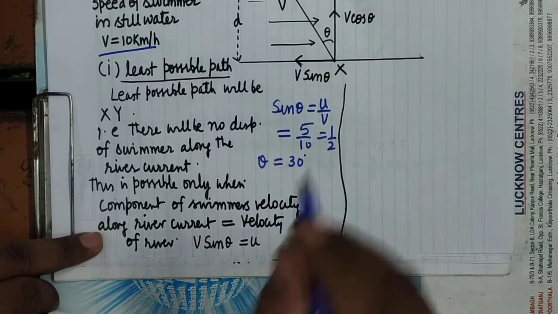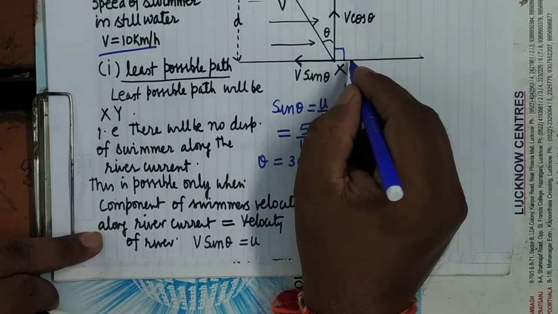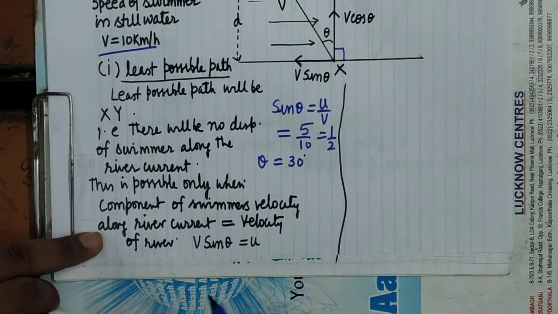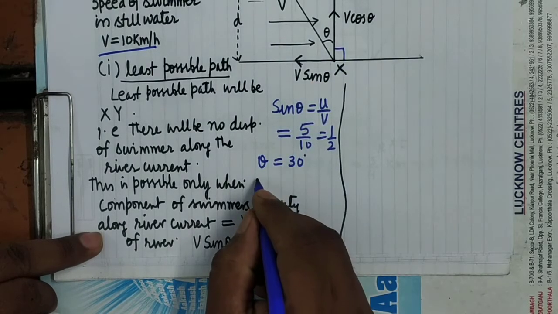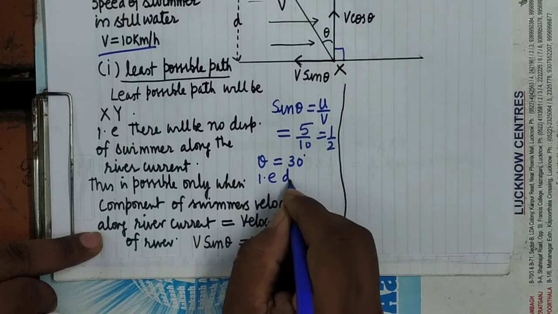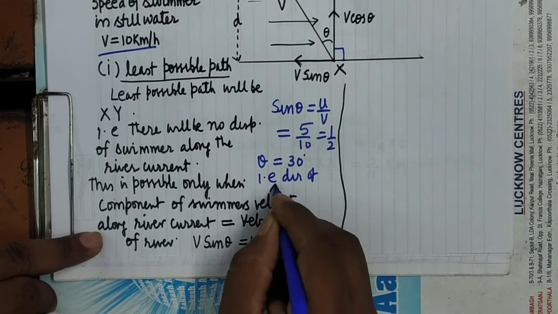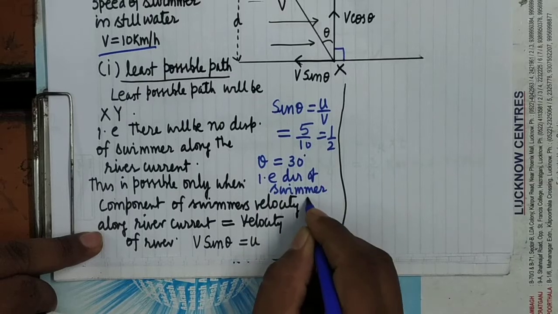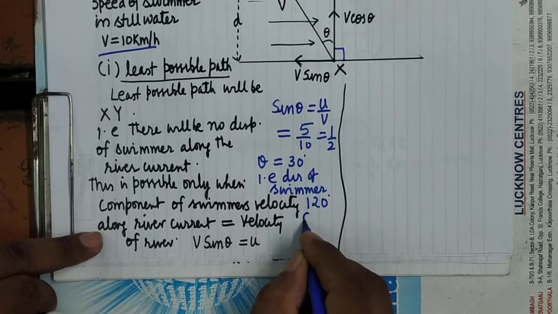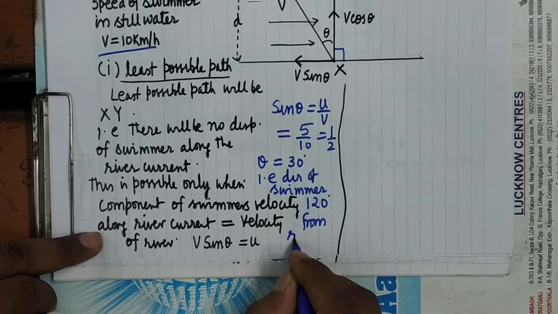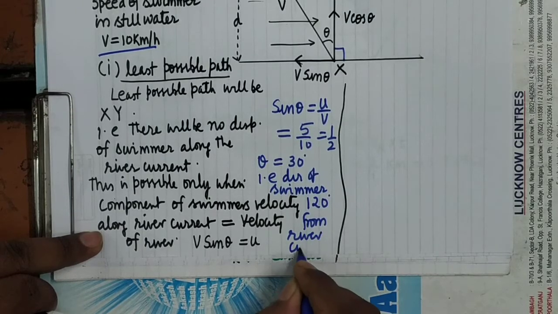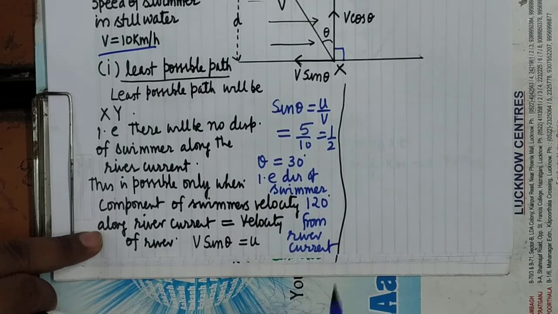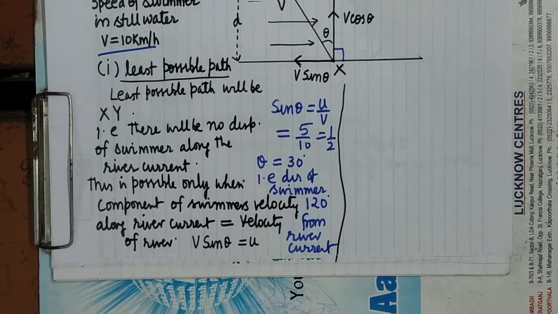This angle is 30 degrees. So from the shore it is how much? It is 90 plus 30, that is 120 degrees. That is the direction of the swimmer, 120 degrees from the river current. It is clear. This is the first case.